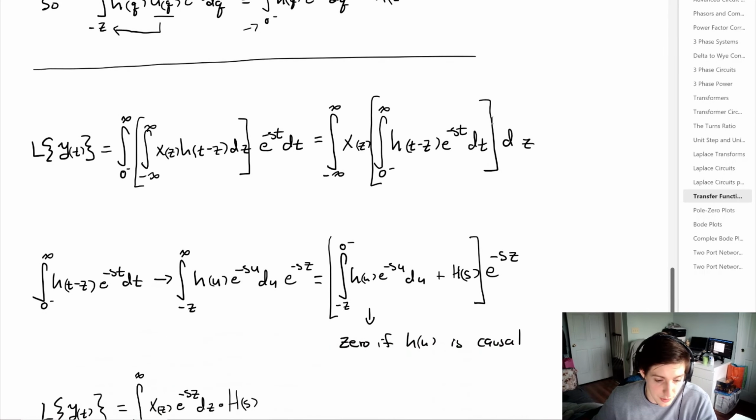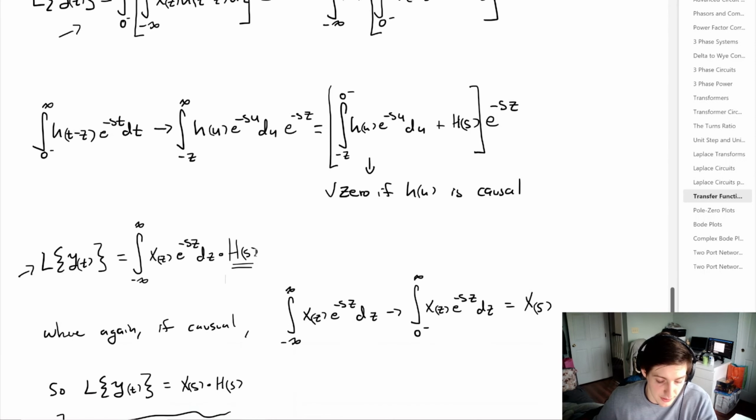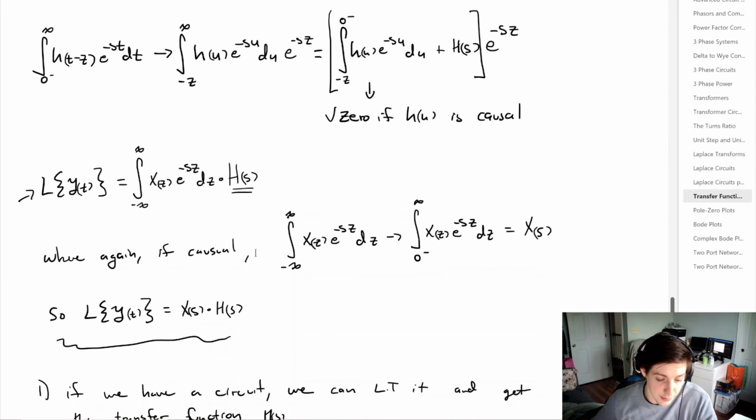So that being said, getting away from the side note, we had our original Laplace transform that we're looking at, where this condition now holds true. We can accept that. And then the Laplace transform just looks like this integral from minus infinity to infinity of x e to the minus sz dz times H of s, where again, if we have causal systems that we looked at before, there's a hidden unit step function in x, so that integral goes from minus infinity to the right condition, so that it looks like a Laplace transform, or we get X of s.